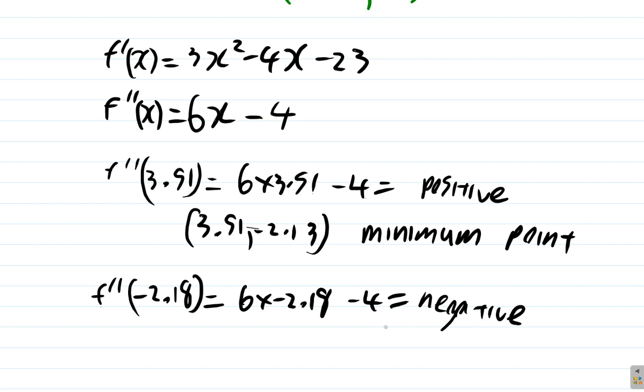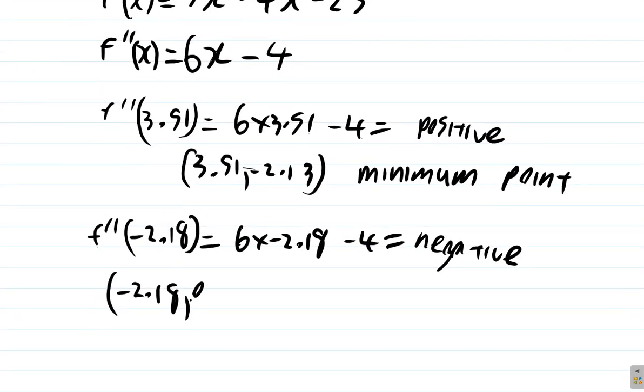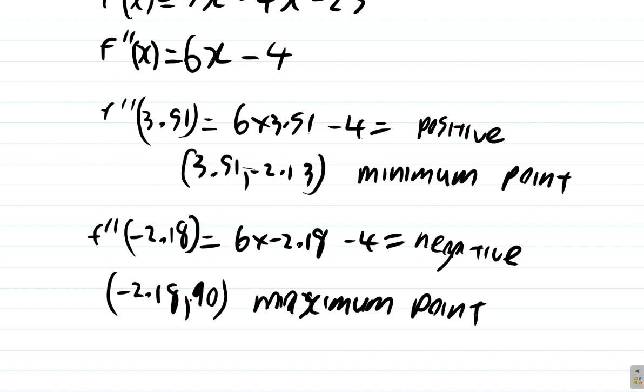So therefore, the stationary point at negative 2.18 comma 90 is a maximum point, because the second derivative gives a negative.